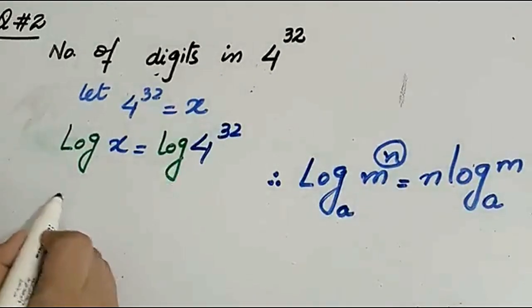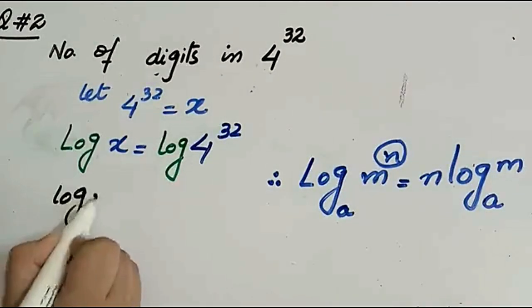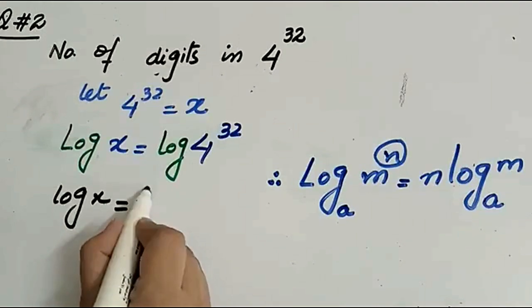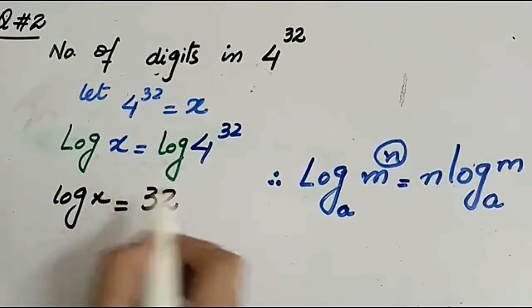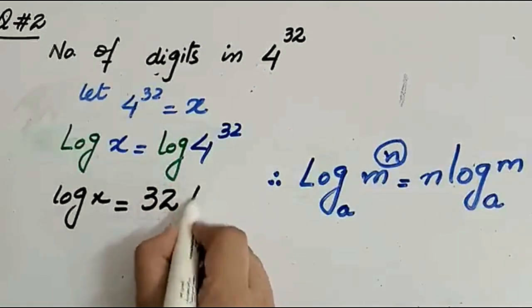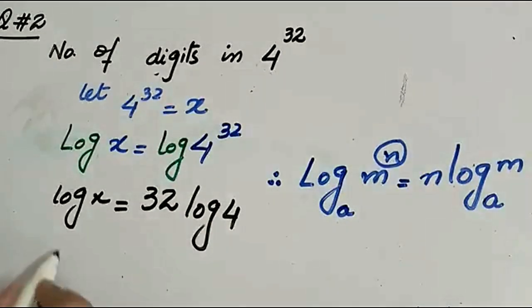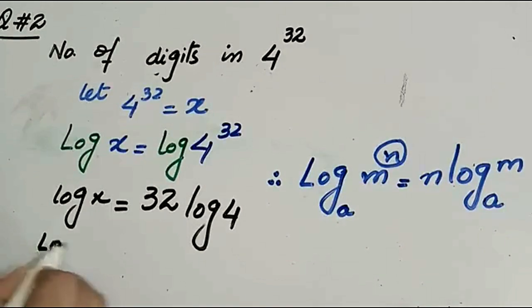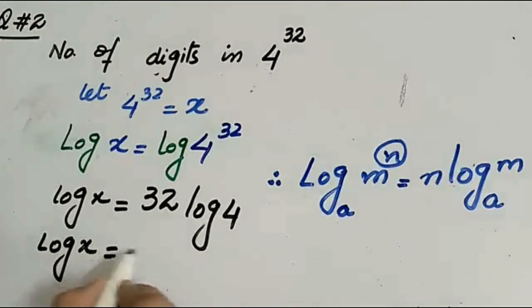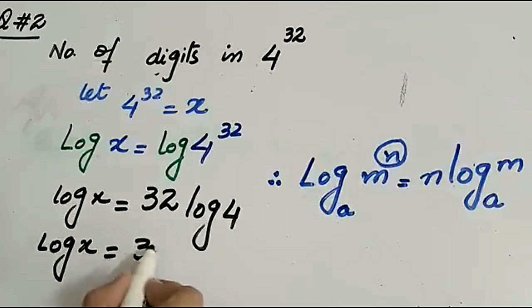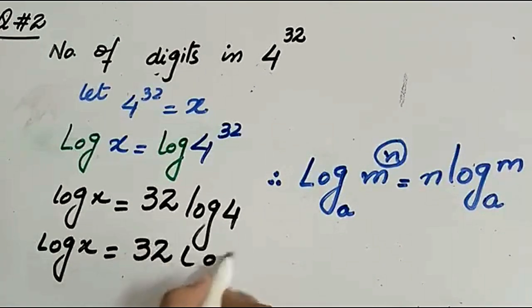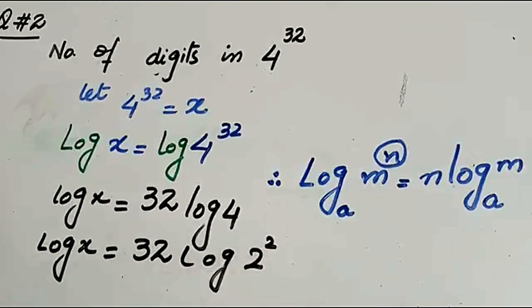Same in this case, here it is log x is equal to 32 is the power, so it will come out from the logarithm log 4. Fine. So log x is equal to 32 log, it will be 2 square, that 2 will also come out.